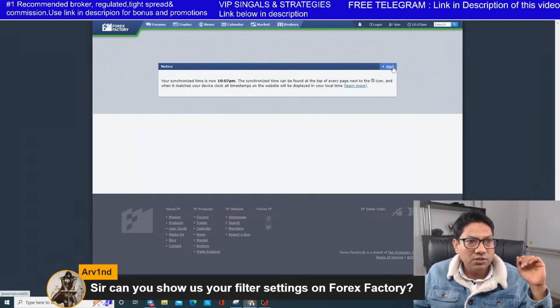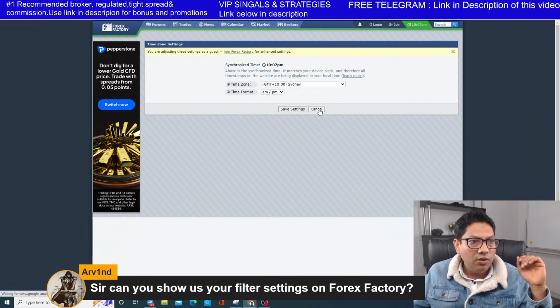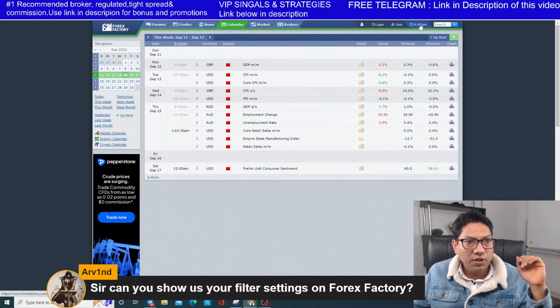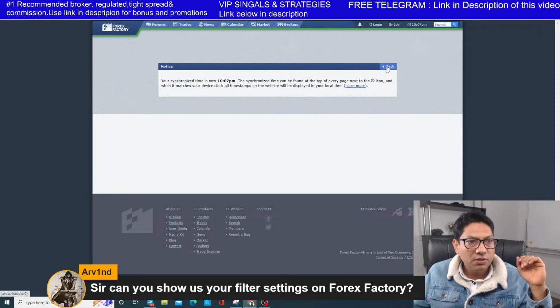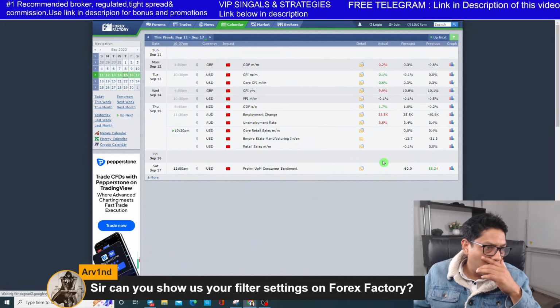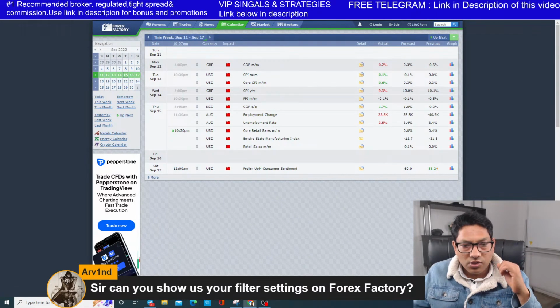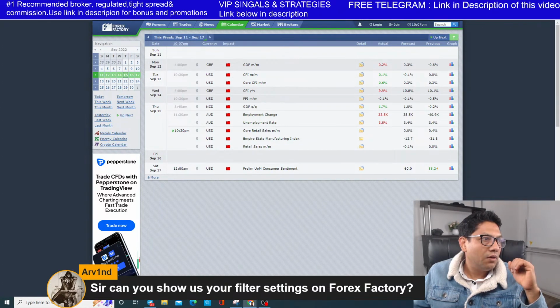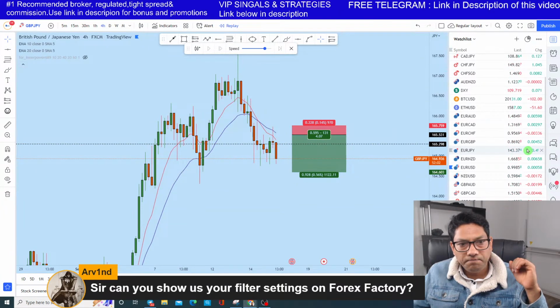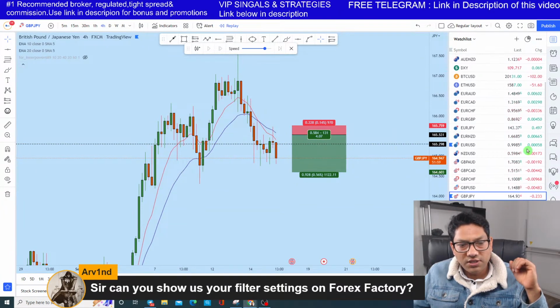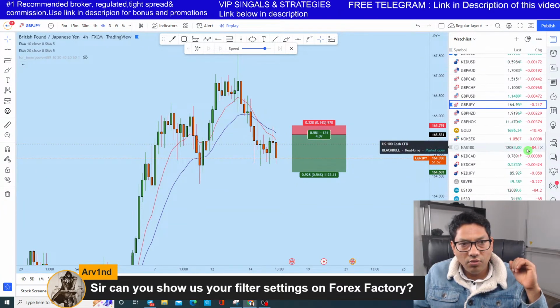Now it's synchronized. It's very important that you sync. Oops, it became unsynchronized again because I checked a couple of times. Okay, now the calendar is showing the correct timing. So you need to synchronize because you might see a different time here. It's very important that you synchronize with your regular time.